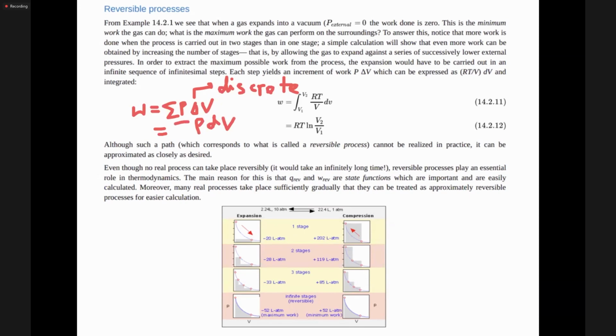But for a continuous function, instead of summation, we introduce the integration sign. So here we will integrate this PdV function from volume V1 to volume V2.